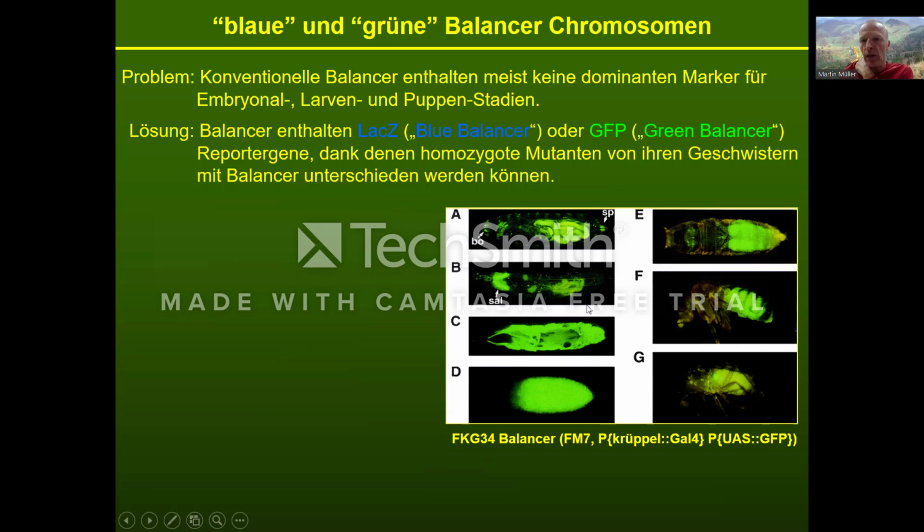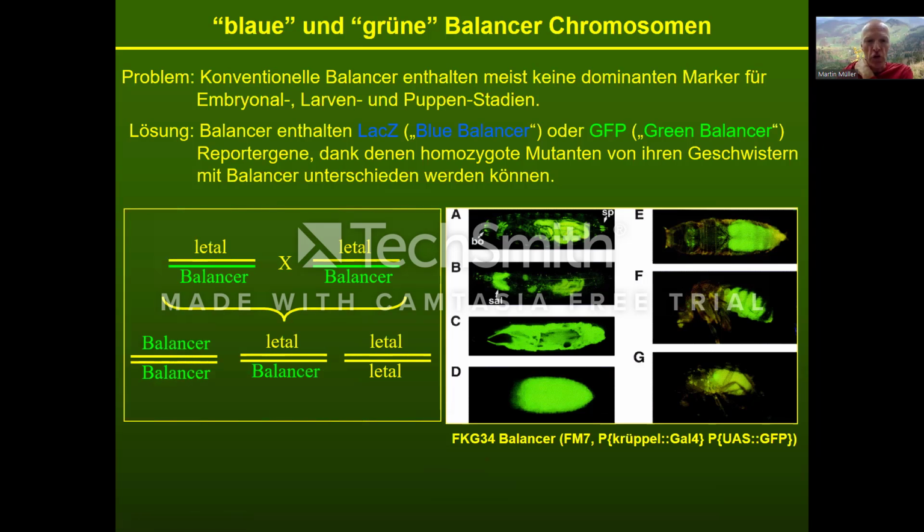And in this way, if you have, for example, a GFP marker on a balancer chromosome, you can also select your animal of choice under a fluorescent microscope. So here, for example, we have the green balancer. You cross these flies with each other, and everything which doesn't have the balancer is not green. So in embryos, let's assume this is embryonic lethal.